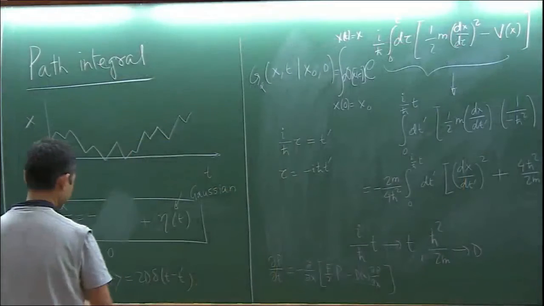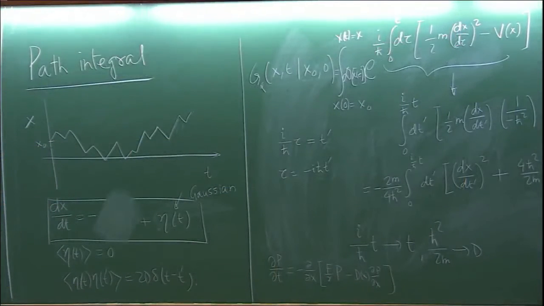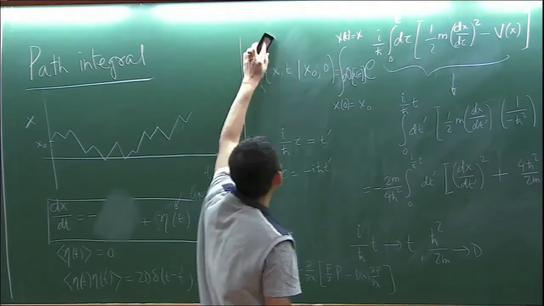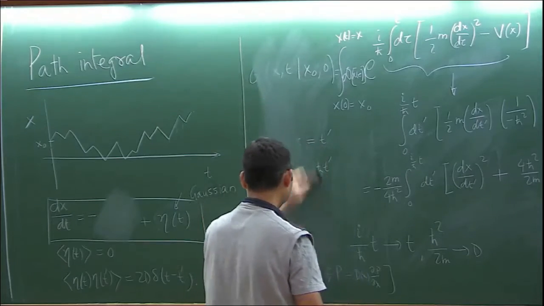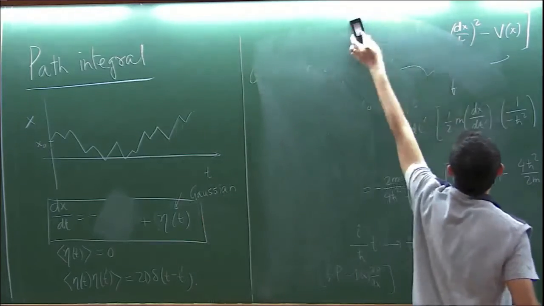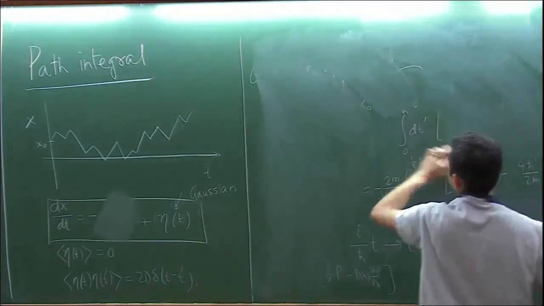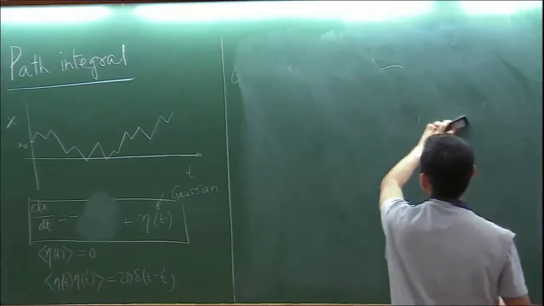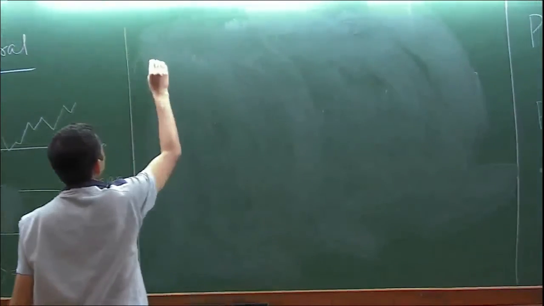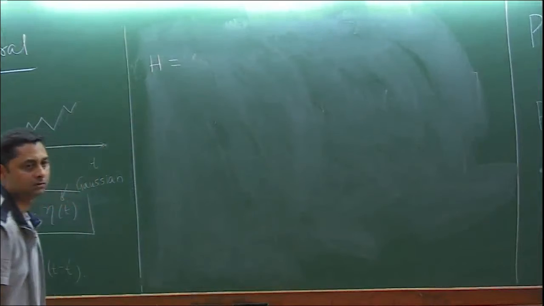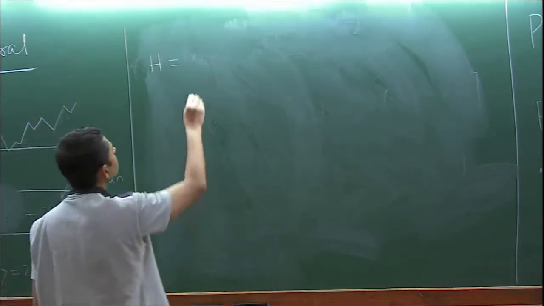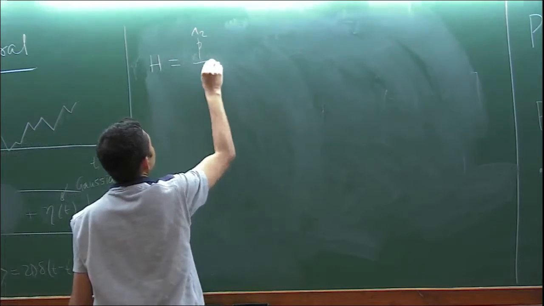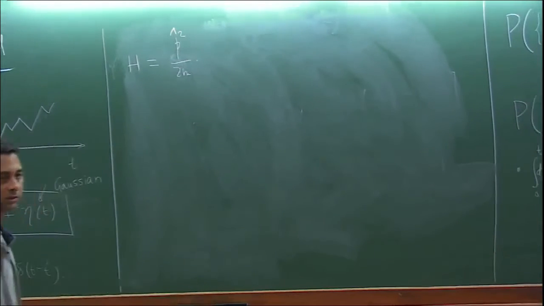There is no force. What is the Hamiltonian of a free particle? Just only the kinetic energy, right? There's no potential energy. Only the kinetic energy is on.